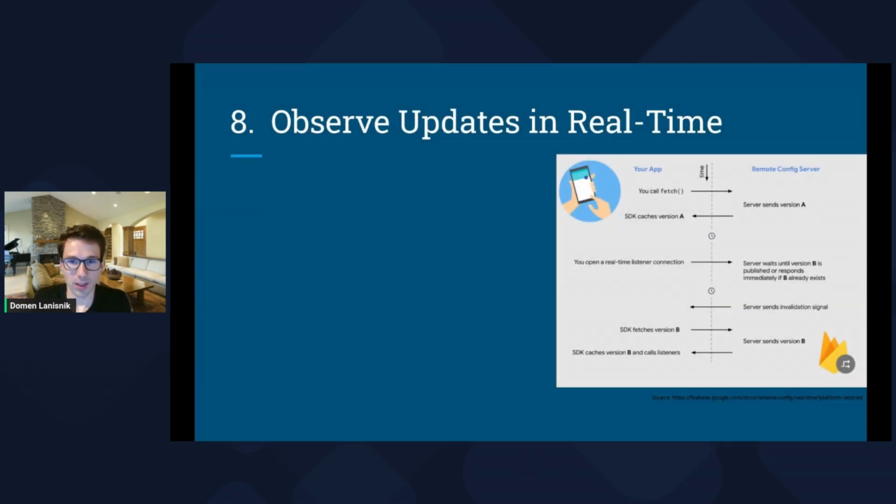Cool. So yeah, another use case that we talked about before with kill switches is you may want to observe updates in real time. Maybe it's critical that the changes are reflected immediately and the 1 hour refresh isn't working for you. So Firebase actually supports that.